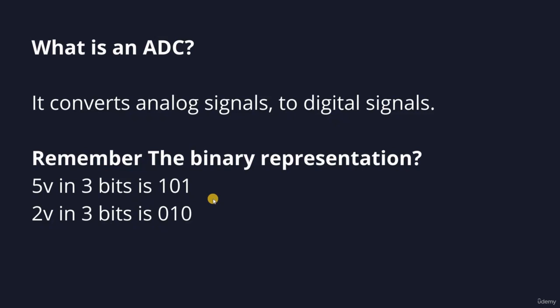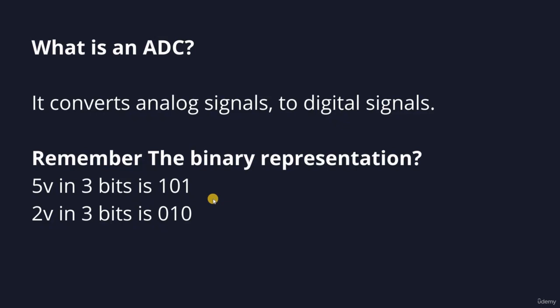If you present it in a 3-bit system, it's 101. So you put in 5 volts and your Arduino or any board is going to sample that signal, translate it to this binary string, and comprehend it as 101. Then you can do whatever you want with this 101 information.